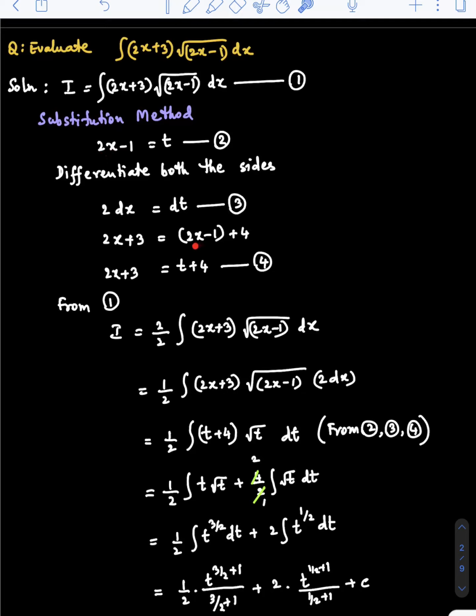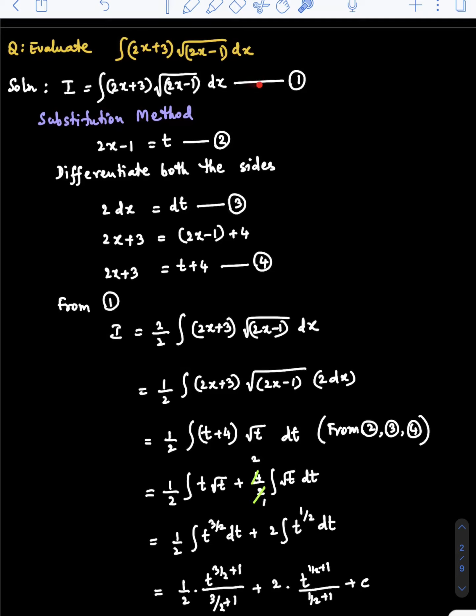That is, 2x plus 3 is rearranged as 2x minus 1 plus 4. See what happened? To get plus 3, 4 minus 1 is how much? 3 only. So 2x plus 3 is written as 2x minus 1 plus 4. Why? Because in this place we are going to substitute t in it. That is t plus 4. So this is equation 4.